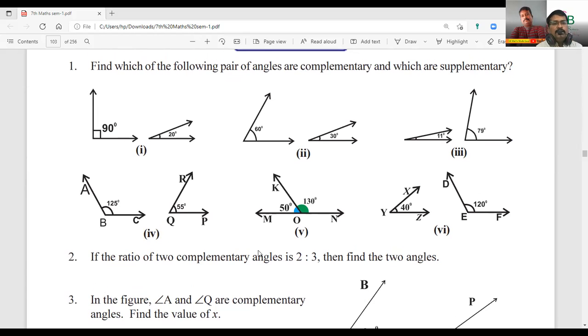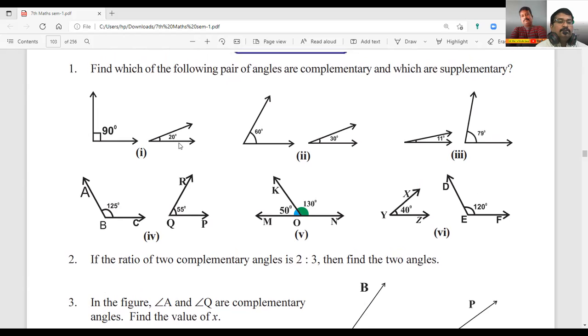But children, complementary angles are acute angles. That's it. But supplementary angles are either one acute and one obtuse. So 90 plus 20, no doubt about that.